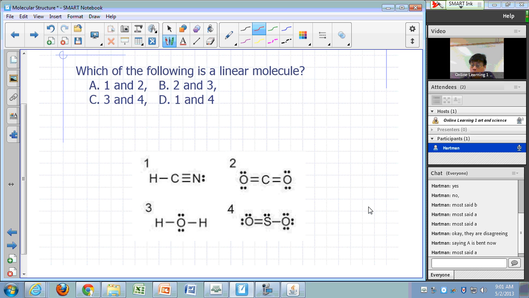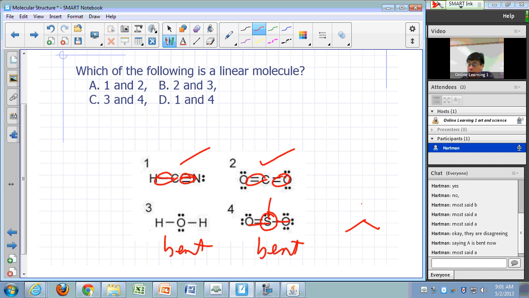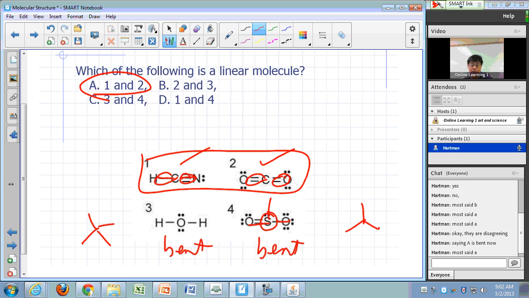Okay, 1 and 2. You have steric number of 2. So this is linear, that's linear. This is bent. And this is 1, 2, 3, so this is going to be also bent. This is a trigonal planar center. This is going to have an octahedral center. But these two will have linear centers. 1 and 2 is correct. Very good.